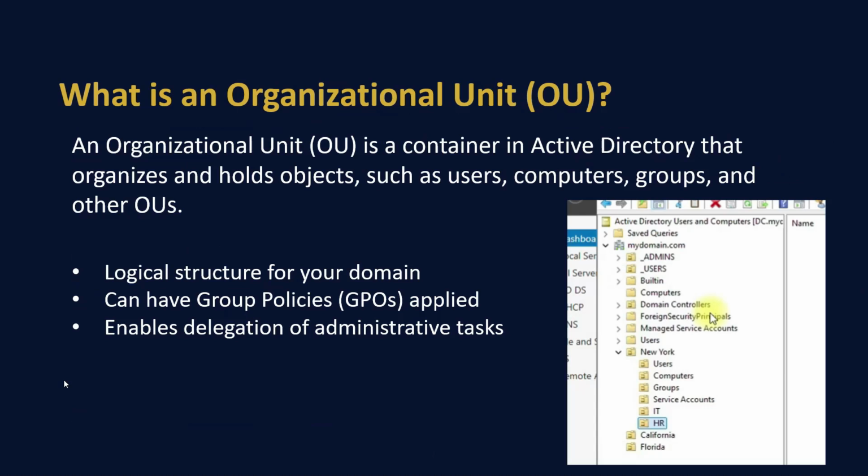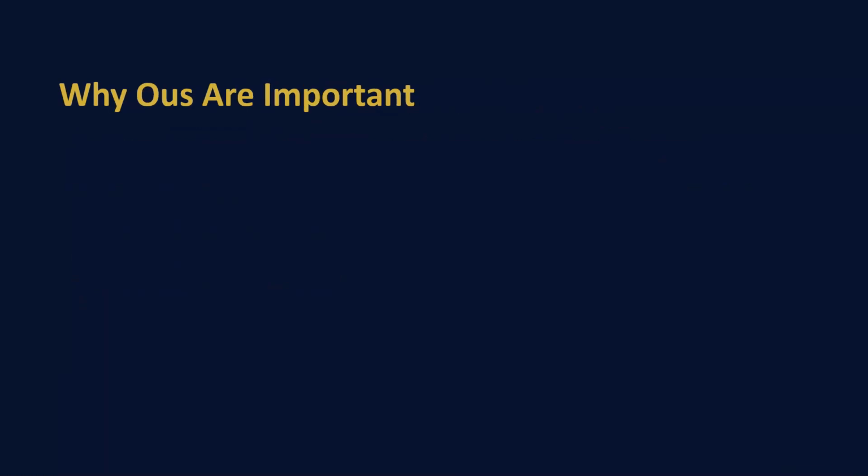OUs fix that. They give your domain a clean, logical layout. They're also the containers where you link group policy objects, so any GPO you create only affects the users or computers inside that OU. And on top of that, OUs let you safely delegate administrative tasks, which is a critical security concept we'll cover next. The primary purpose of an OU is to prevent your domain from becoming one giant messy list.